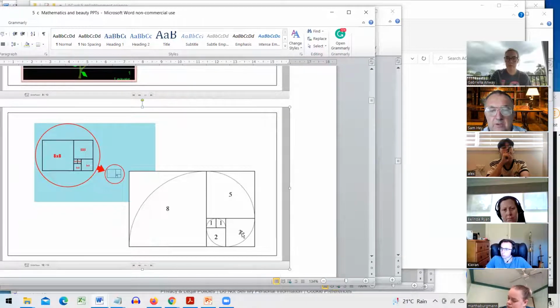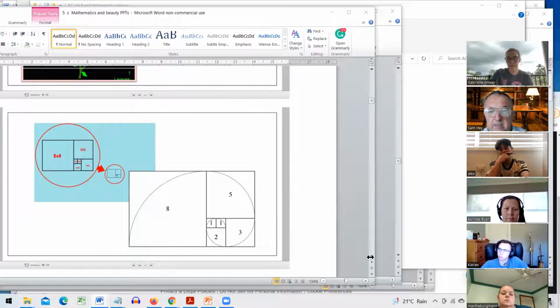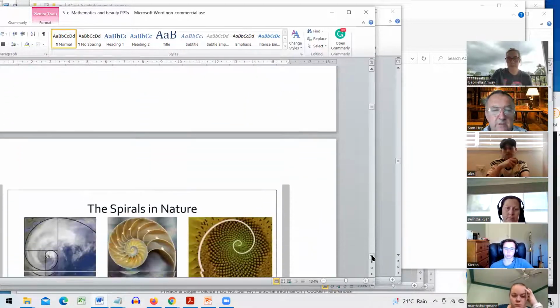If you now add 3 and 2 and end up with 5, and then add 5 and 3, the next square you have will be 8. And if you keep going, then you'll just have a spiral that gets bigger and bigger. And this is partly the way many natural parts of the world seem to unfold.